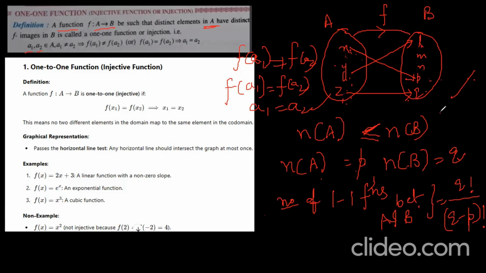Total 5. I can write it as factorial 5 by 5 minus 3, that is 2 factorial. So 5 into 4 into 3 into 2 factorial. Number of one-to-one functions. Okay. In this manner, we can calculate.